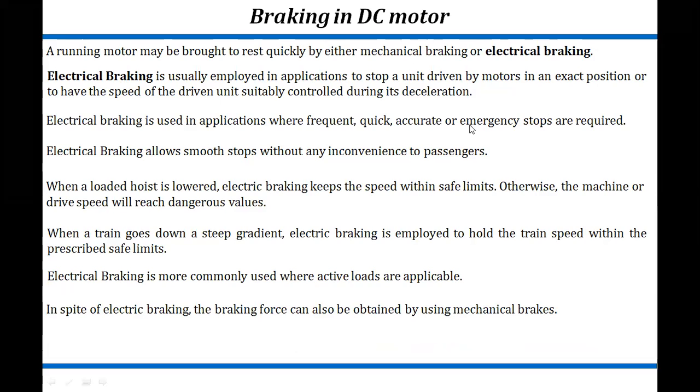We get an accurate and quick stop, and it allows a smooth stop without inconvenience to the passengers. When a loaded hoist is lowered, electrical braking keeps the speed within a safe limit. We can use electrical braking where active loads are applicable, and along with electrical braking, braking force can also be obtained by using mechanical brakes.